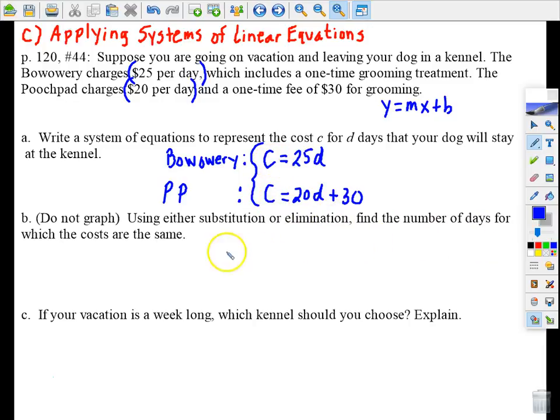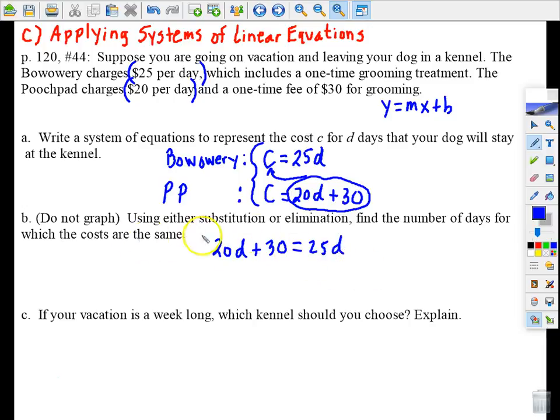So to answer the question, the number of days where the costs are the same, you're basically just going to let one of these expressions, if this is C, then replace C in the other equation. 20D plus 30 is equal to 25D.